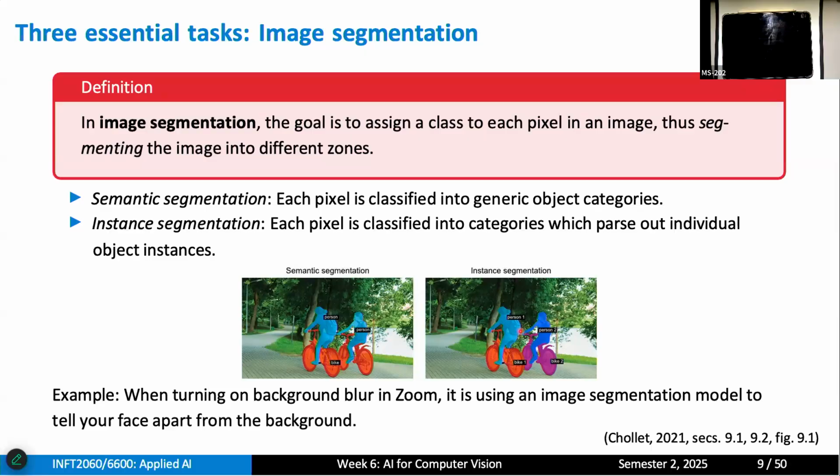With two persons, that's two individuals, that's two labels. They are not the same label because they don't involve any semantic understanding here. That's instance segmentation. So it actually means each pixel is classified into a category as well as an individual object instance. That's the difference between semantic and instance segmentation.